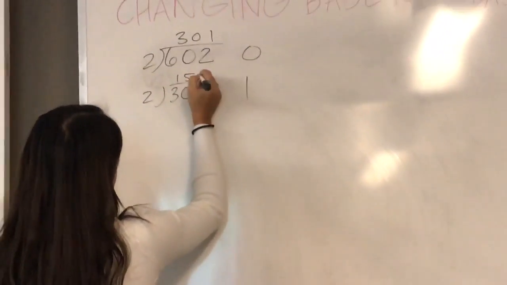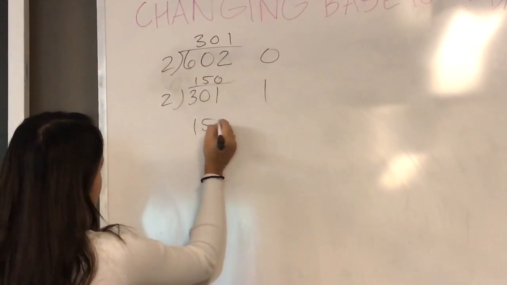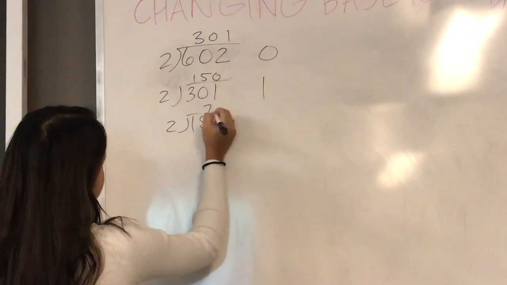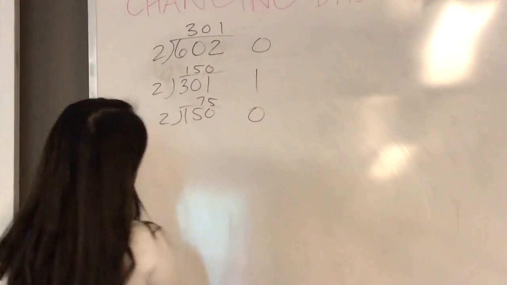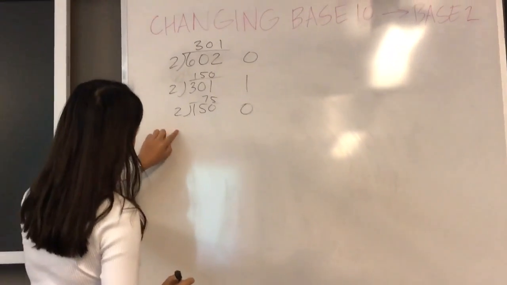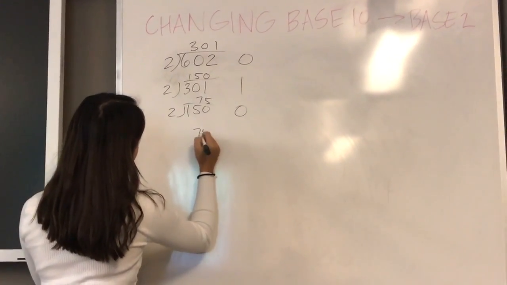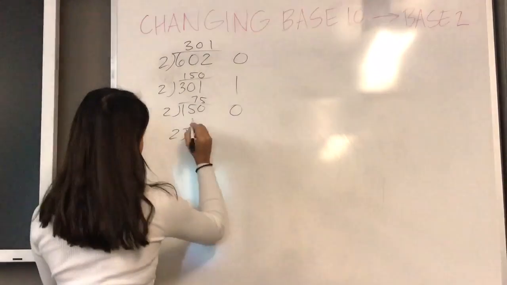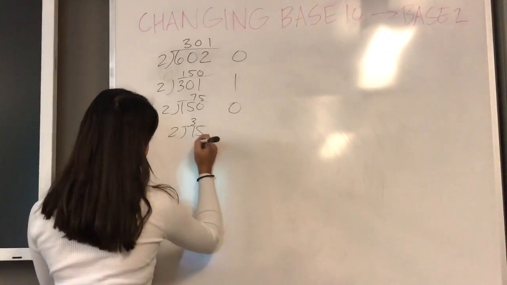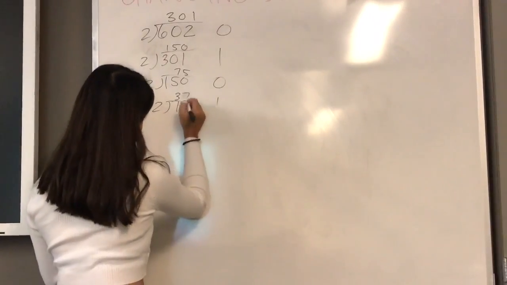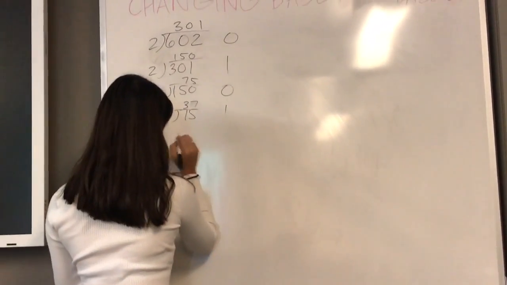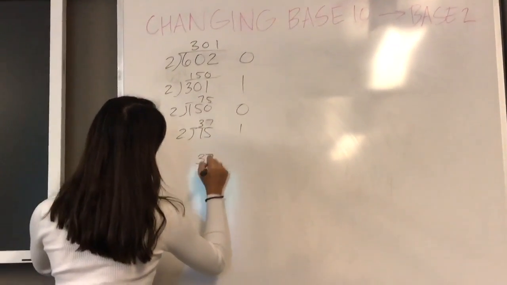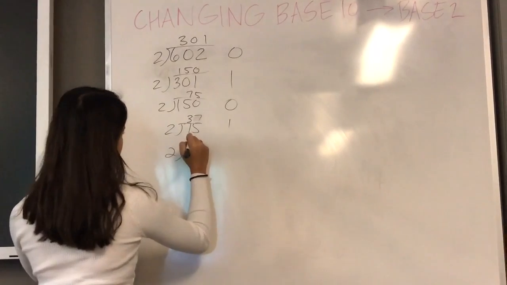So this is going to be 150, and you do 150 divided by 2, which is 75, and your remainder is 0, and then you do 75 divided by 2, which is 37, remainder 1, yeah.